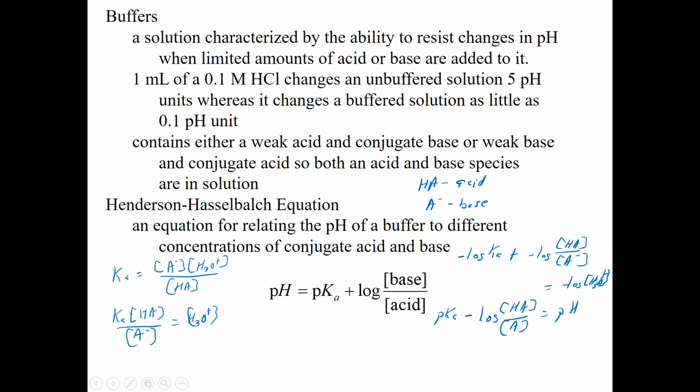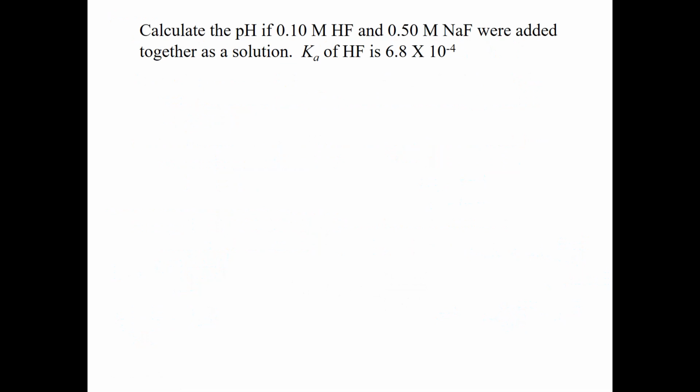To demonstrate that, this is the same problem that we did for common ions, but now we're going to do it with the Henderson-Hasselbalch equation. pH is equal to pKa plus the log of the base concentration over the acid concentration. First I need to identify these: having a hydrogen in front, HF is my acid, and this is my F minus, so this is my base.